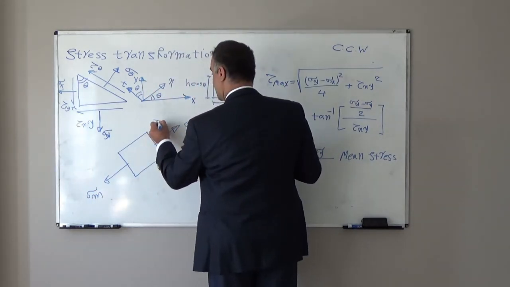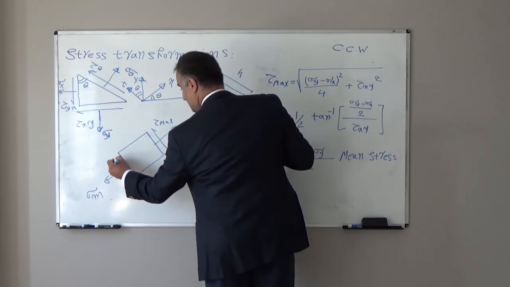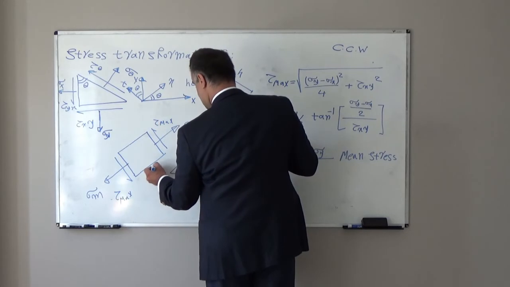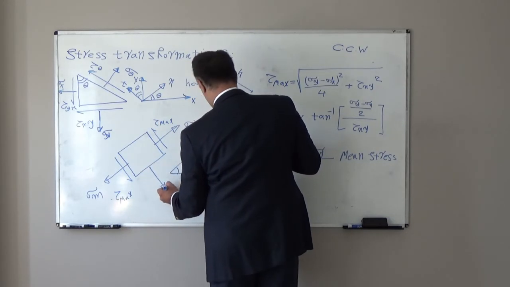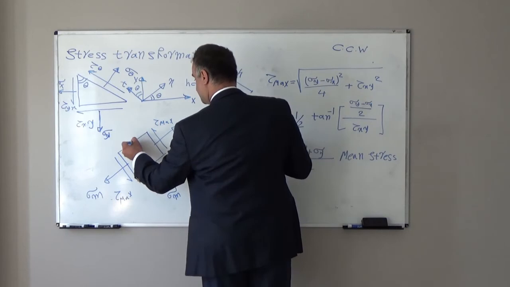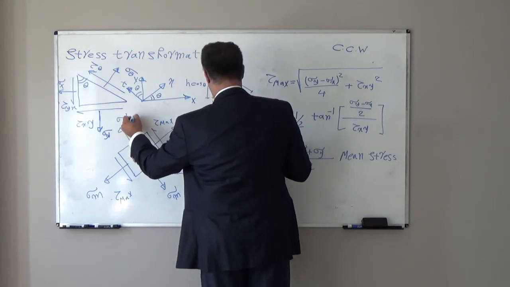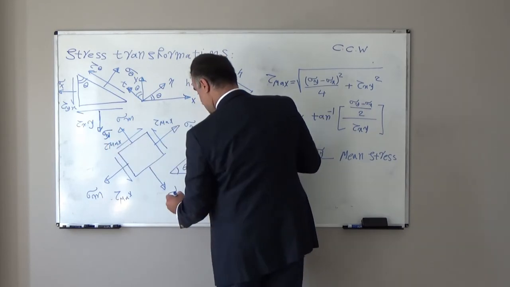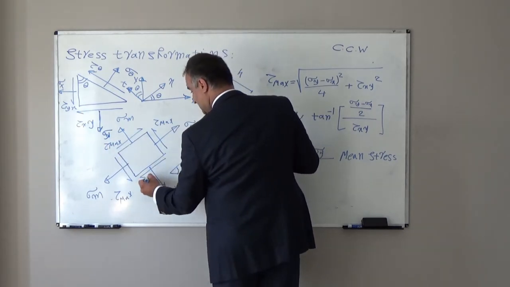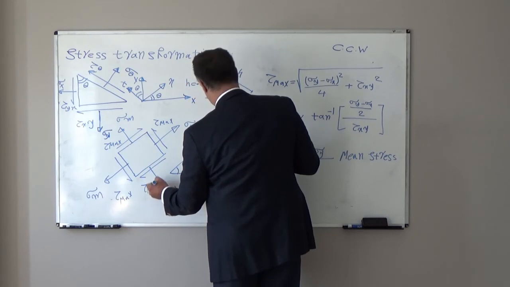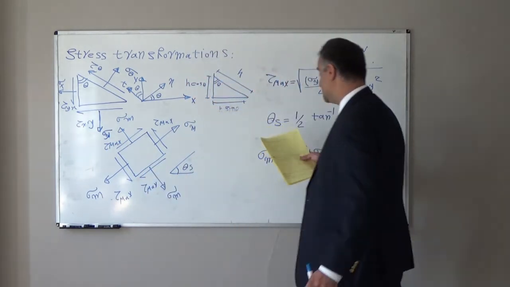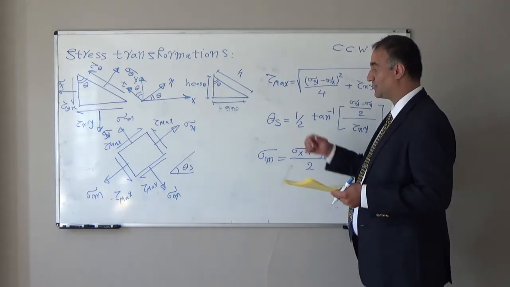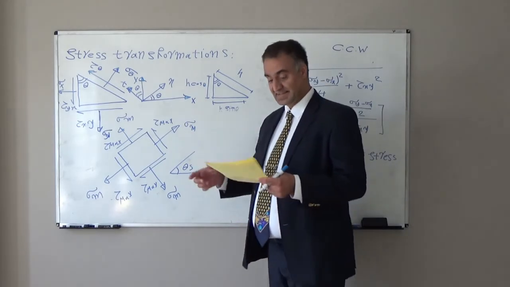We will have tau max, and here we will have again sigma m, and we will have tau max, and here tau max. This will be the maximum shear stress element orientation and the value of the normal stress and shear stress on that element.